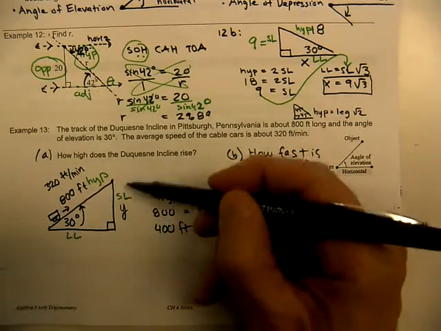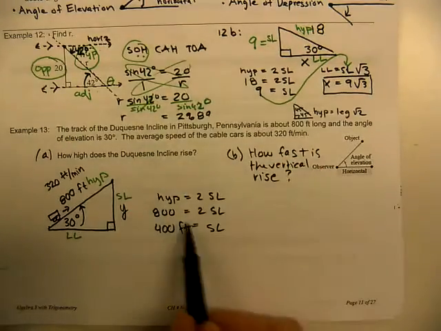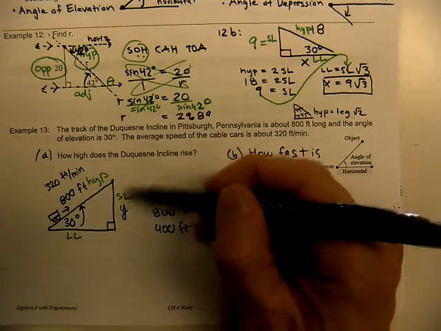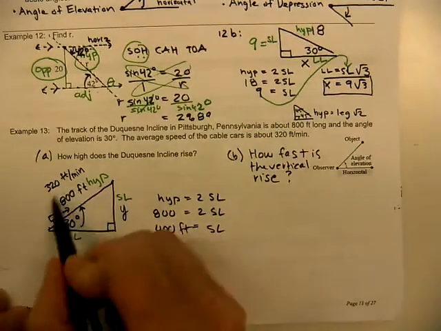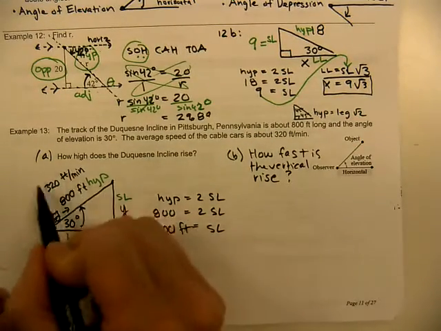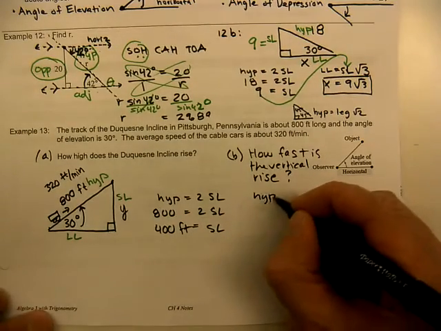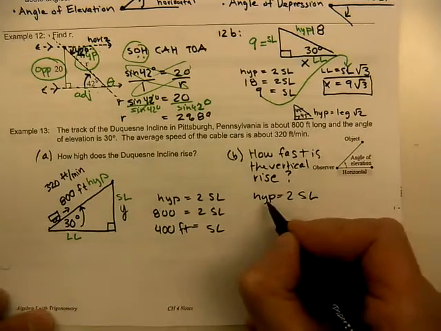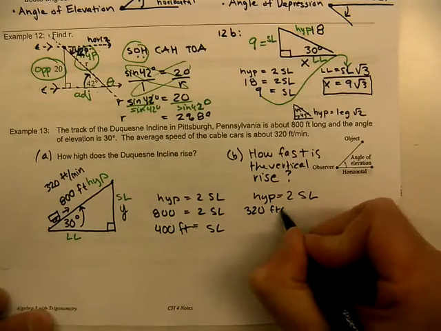The question is, what is your change in elevation, 400 feet, and what is then the speed at which you are changing your elevation? Okay, so instead of using the 800 feet, which measures distance, we're now using the 320, which measures the rate. So it's still the same formula. Hypotenuse equals 2 times the short leg. Hypotenuse is now this time 320 feet per minute.